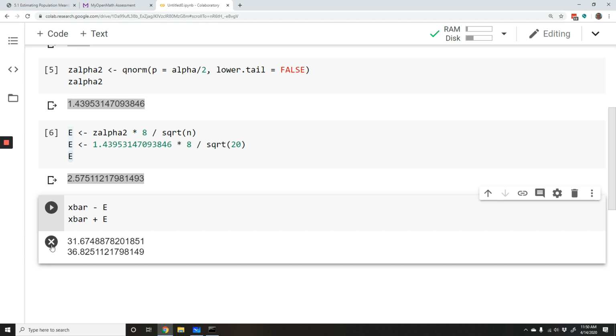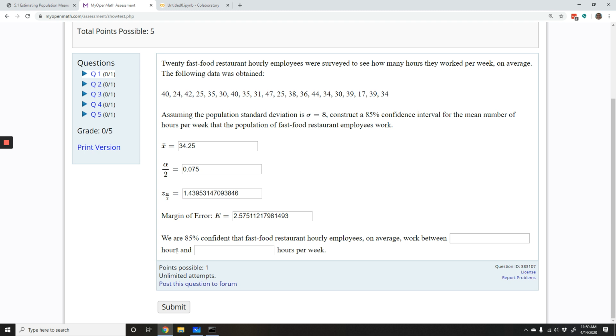Okay, so our two values are 31.67 and 36.82. So copy and paste both of those. Now, when putting them in here, order does matter. There are two boxes here. The smaller value goes into the first box. So 31.674.